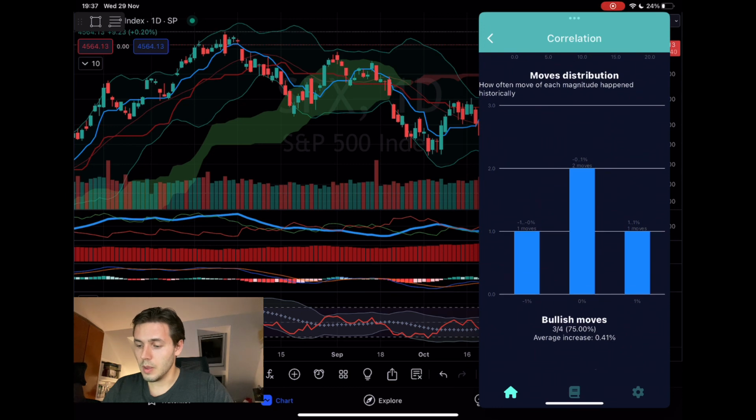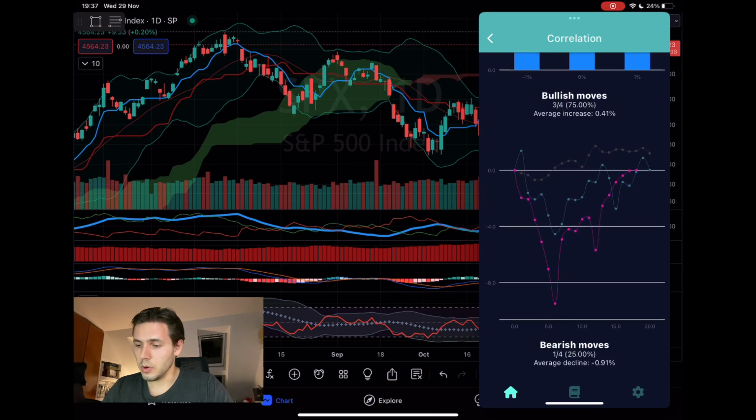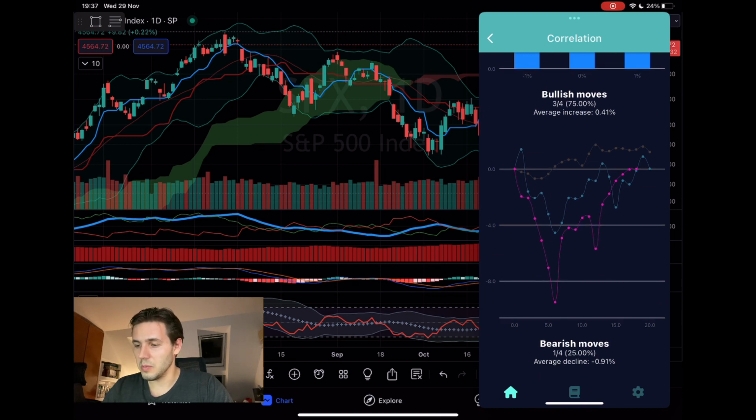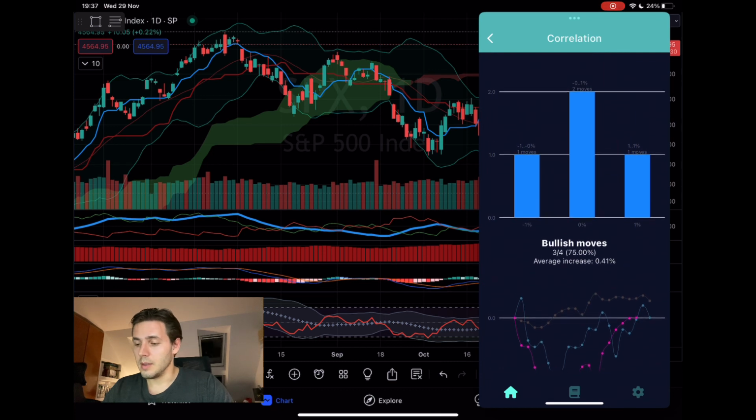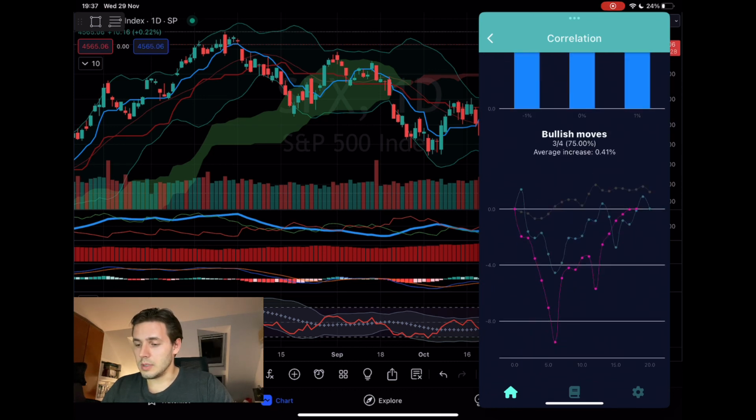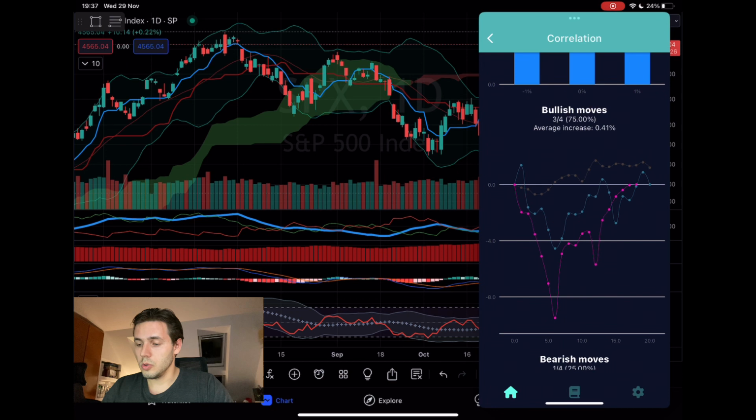But they're all pretty small. Those that are bullish are literally like 1% or something. But you can see that even though they are bullish, in the past they actually went down a lot. Some went down by 9%.